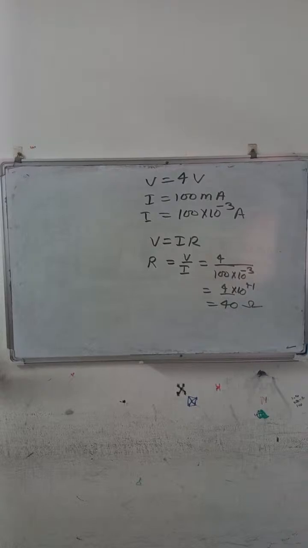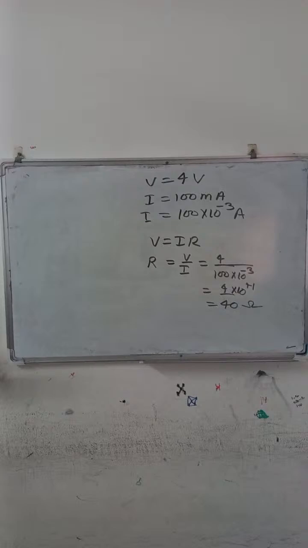Write down the maximum resistance which can be made using four resistors, each of resistance 1 by 2 ohm, that is half ohm.